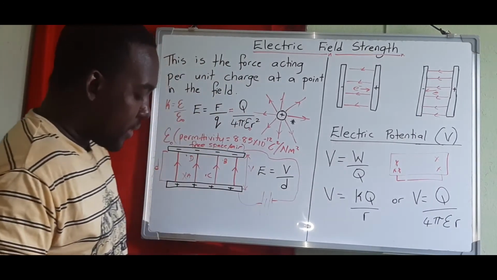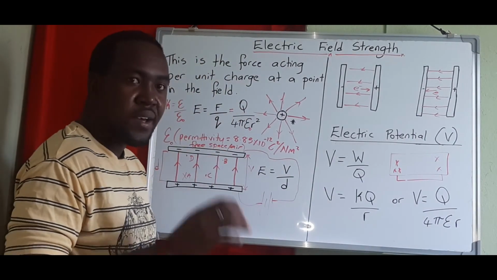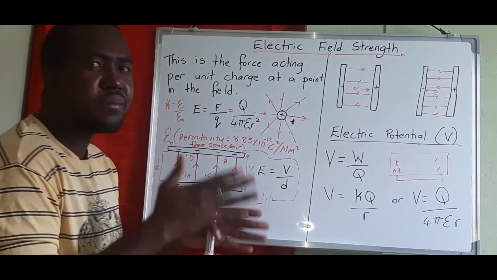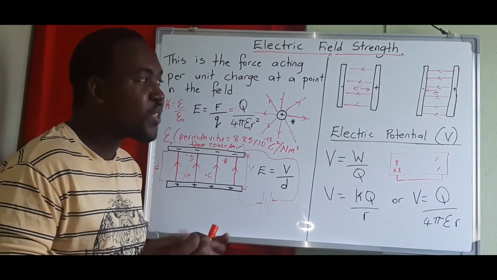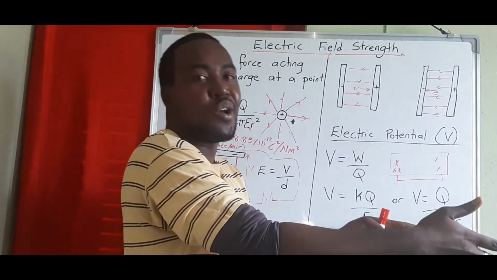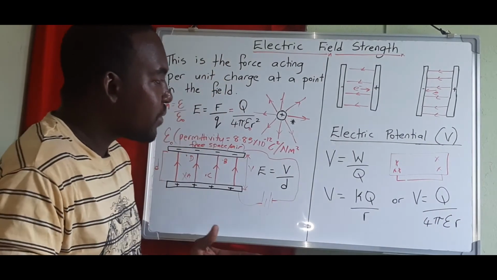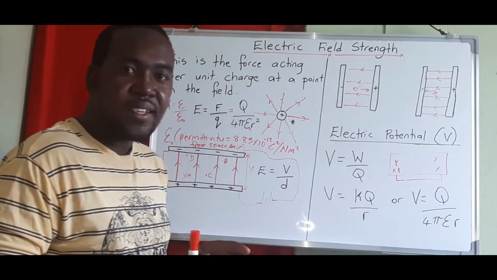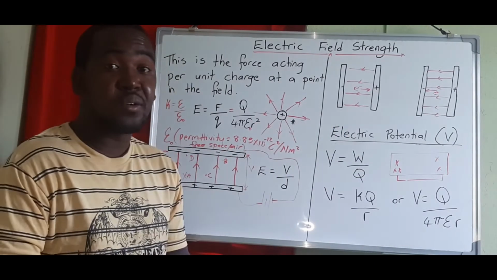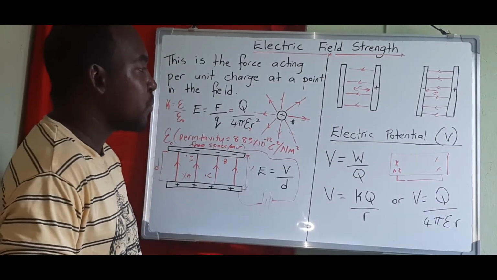Because there's a difference in charge, it works something like osmosis or diffusion, where it's high, it moves to where it is low. That's the same thing with charges. Where it is high, it has energy to move to where it is low, and that's what electric potential is.